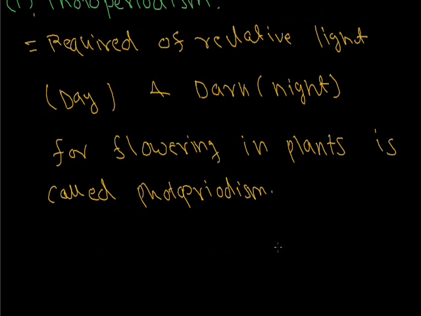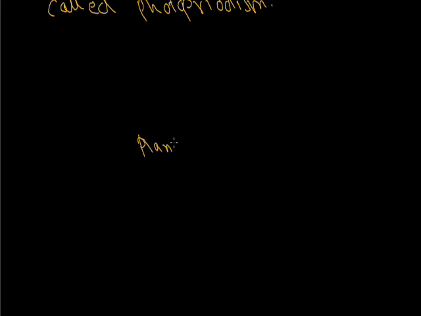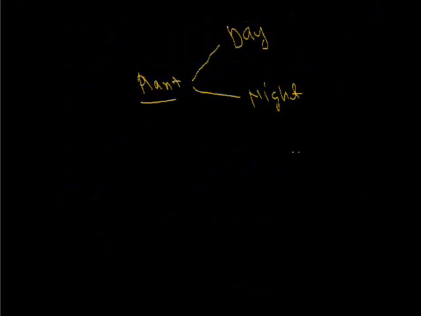What it means is that the plant is affected by light, and the plant requires light and dark. So the dark and light ratio affecting the plant is called photoperiodism.